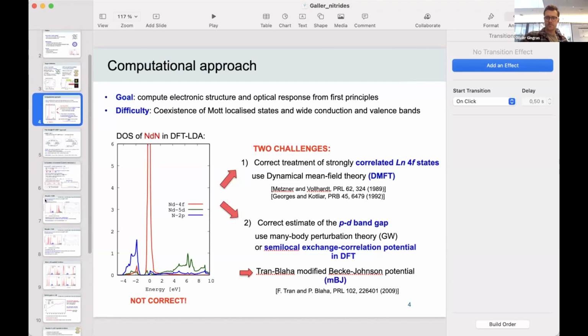Luca, you have a question? Yeah. Hi, Anna. Very nice. Regarding the need to go beyond the local exchange, I guess you did here in order to have correct gaps, there are also other correlated materials where this is pretty important, like some correlated semi-metals, like the iron-based superconductors, in order to have the correct Fermi surfaces and other situations.